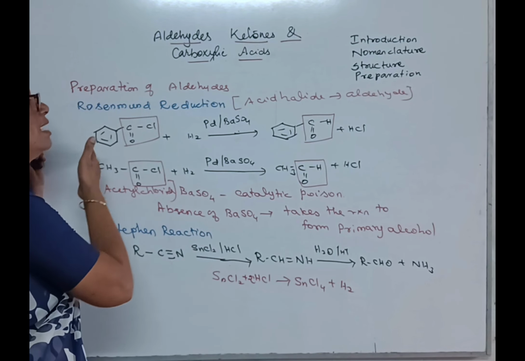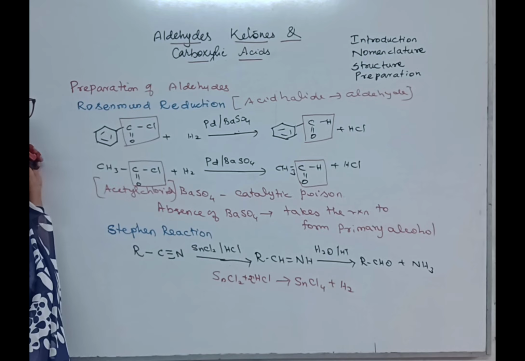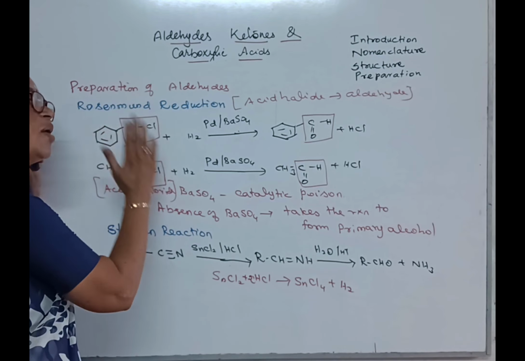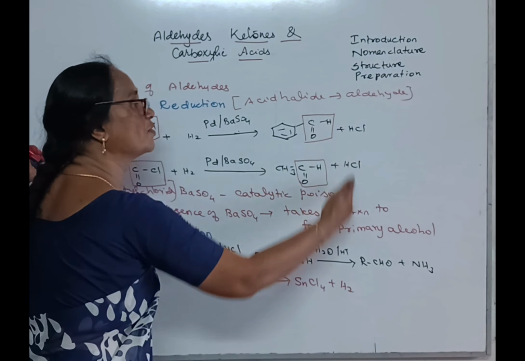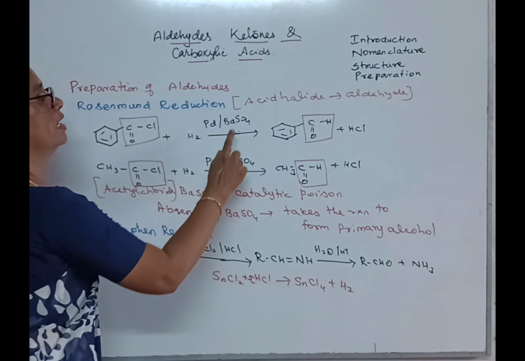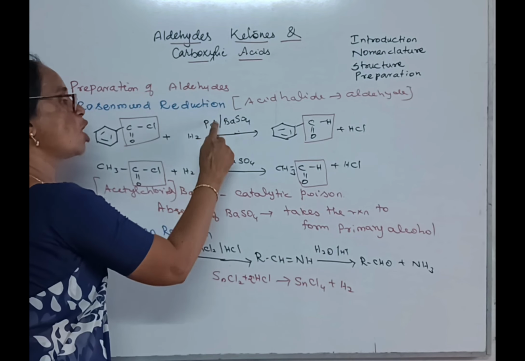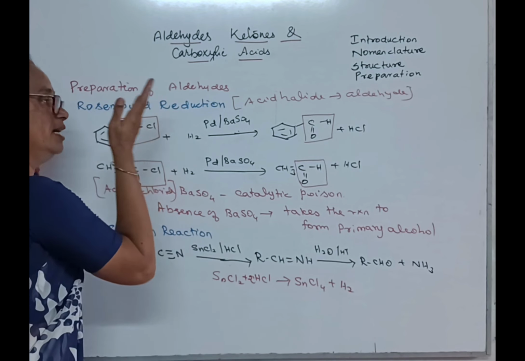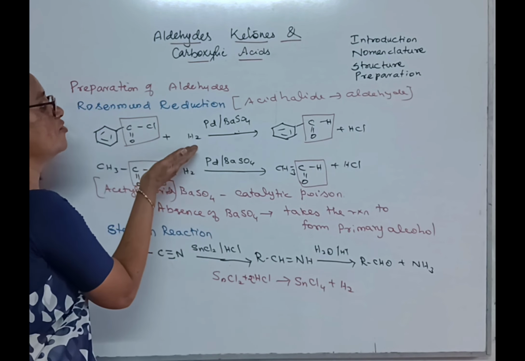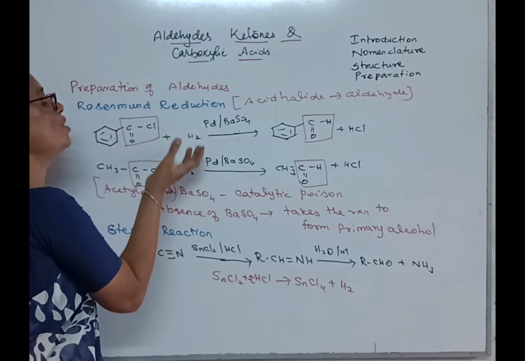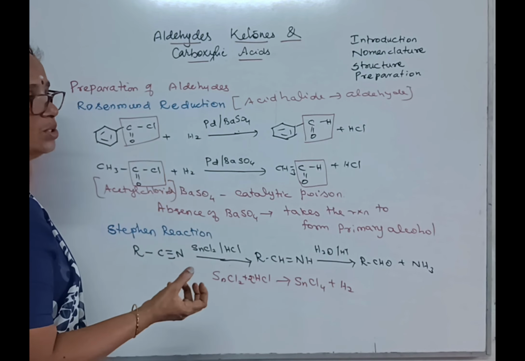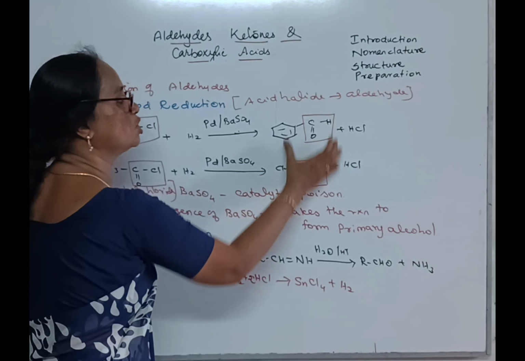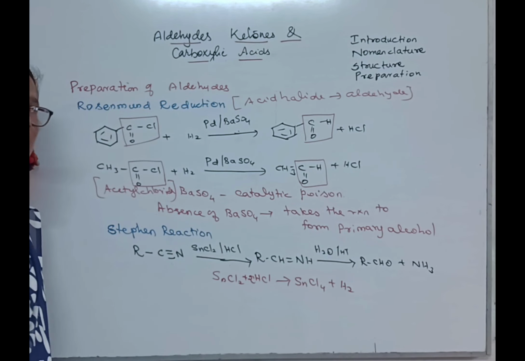But we need to stop the reaction at the formation of the carbonyl. So the barium sulfate occupies the surface of palladium largely, and it provides very little area for hydrogen. So accumulation of hydrogen is reduced, and hence the reaction stops at the formation of aldehydes.